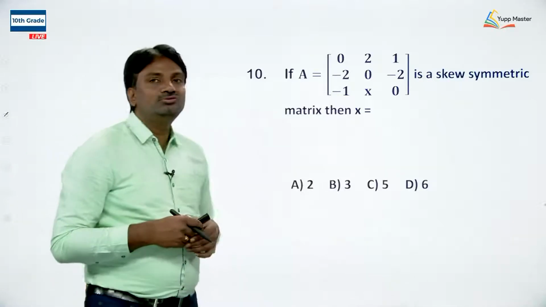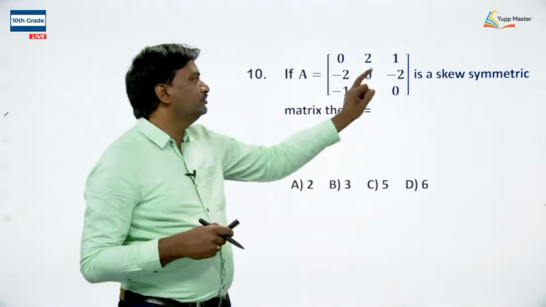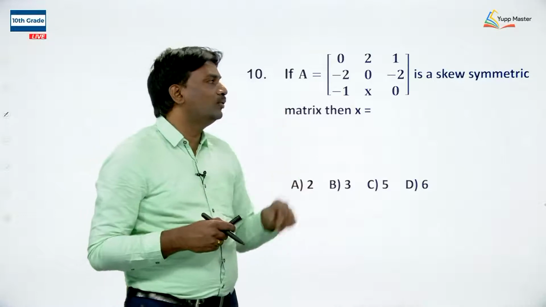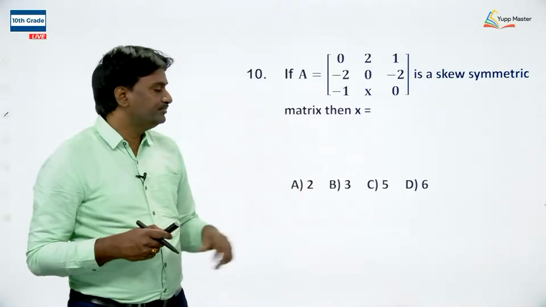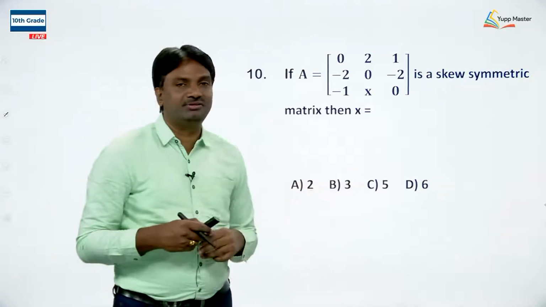Next, if A equal to 0, 2, 1, minus 2, 0, minus 2, minus 1, x, 0 is a skew symmetric matrix, then x equal to; your options are given as 2, 3, 5, 6.